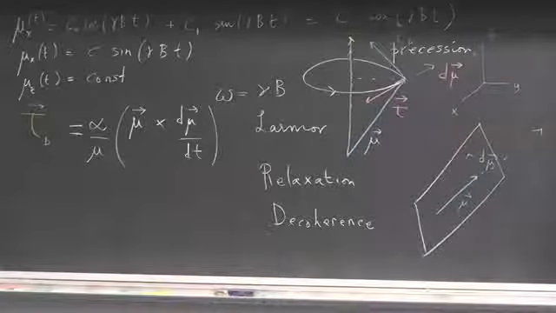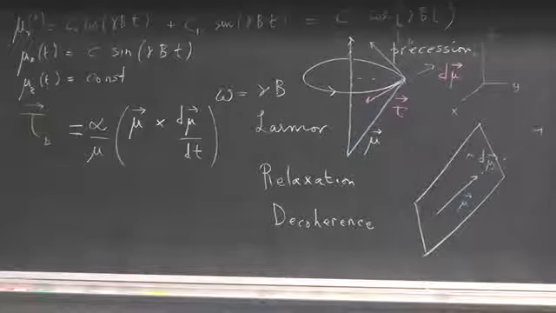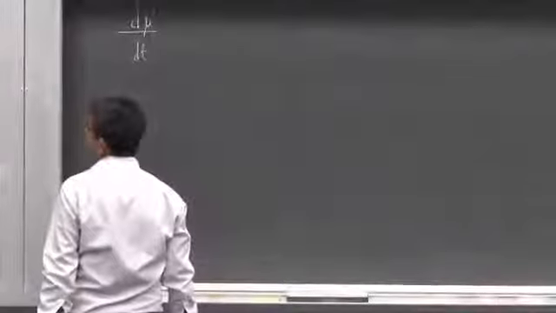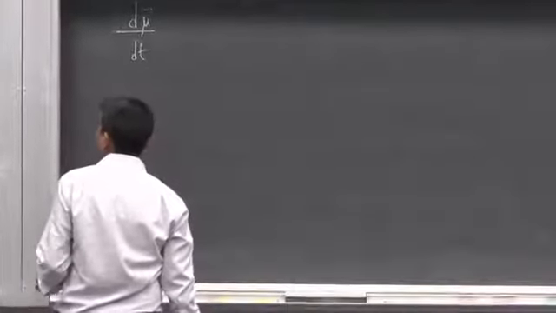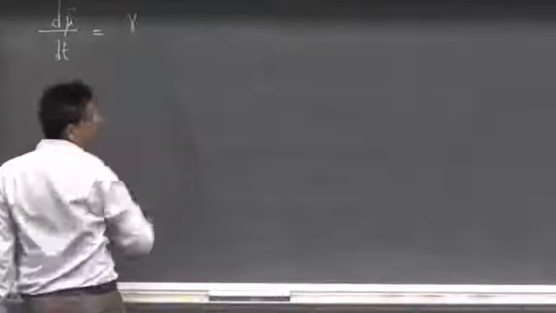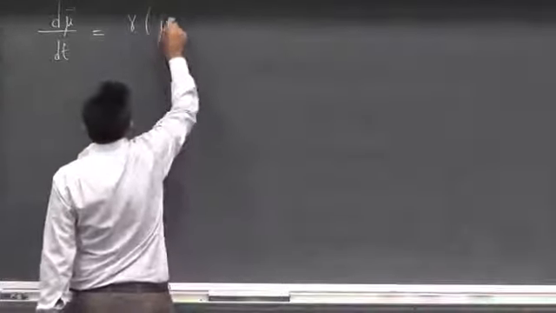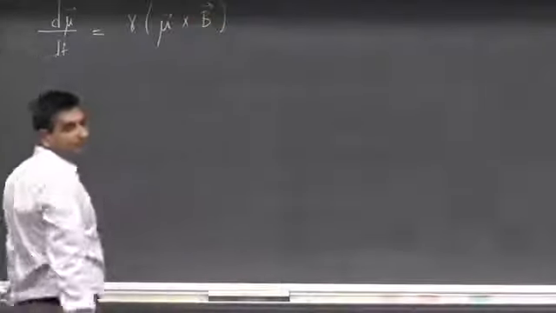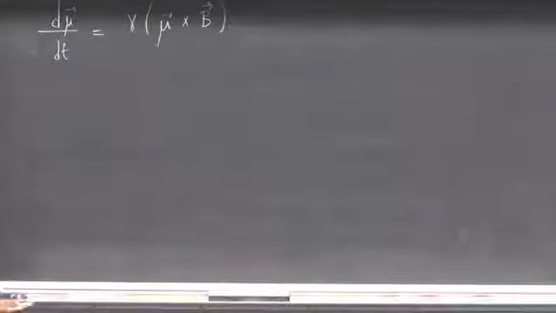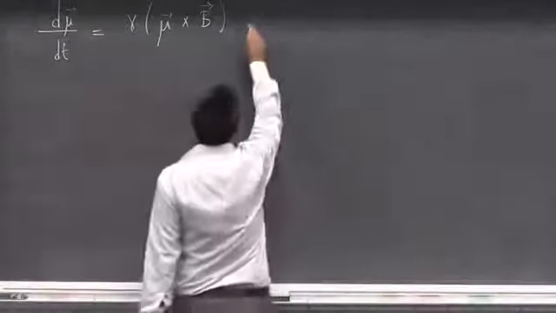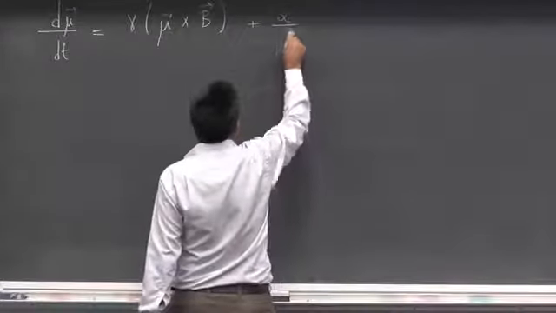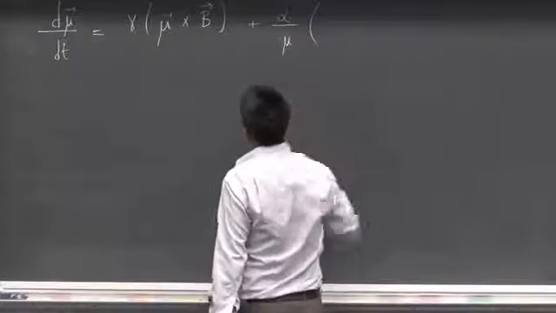The torque, d mu over dt, is equal to gamma mu cross with B. Okay, this is the coherent term from the Bloch equation, plus alpha over mu, the dissipative torque.